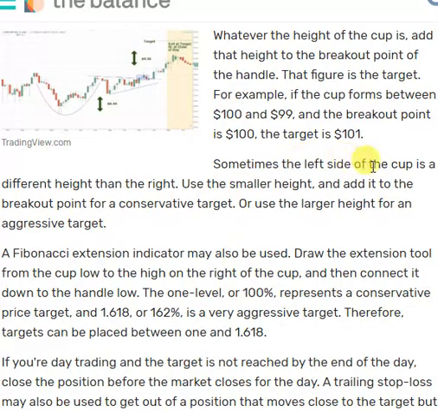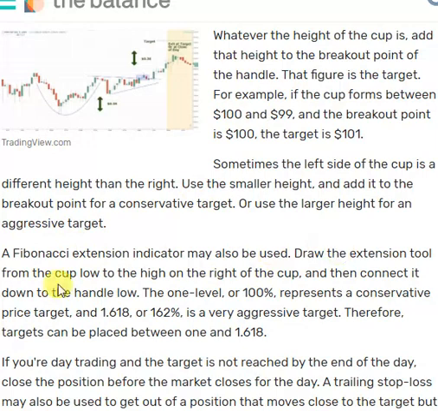Sometimes the left side of the cup is a different height than the right. Now, use the smaller height and add it to the breakout point for a conservative target, or use the larger height for an aggressive target. A Fibonacci extension indicator may also be used.